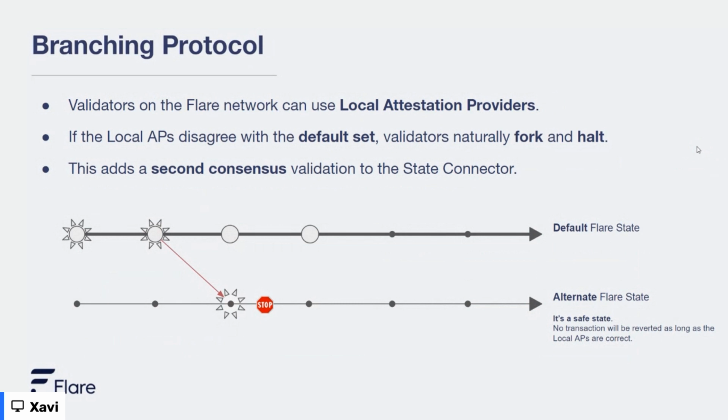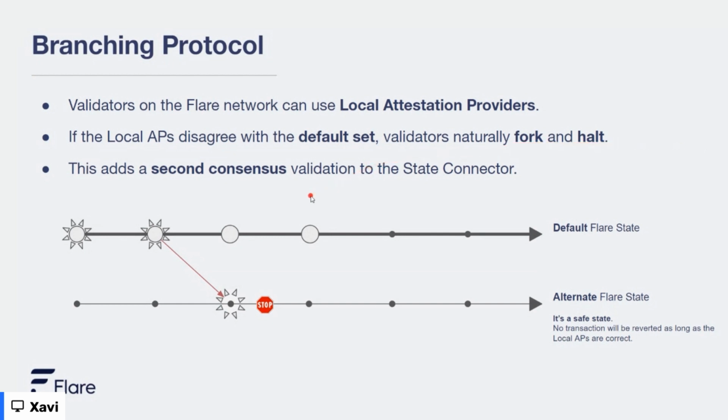It will be stopped and will take no action. And this adds a second consensus round into the state connector. First, the state connector analyzes all the attestation providers, local or not local, and runs a consensus on that. But on top of that, you can have local attestation providers that will cause a consensus fork if your validator uses a local attestation provider that disagrees with the default set.